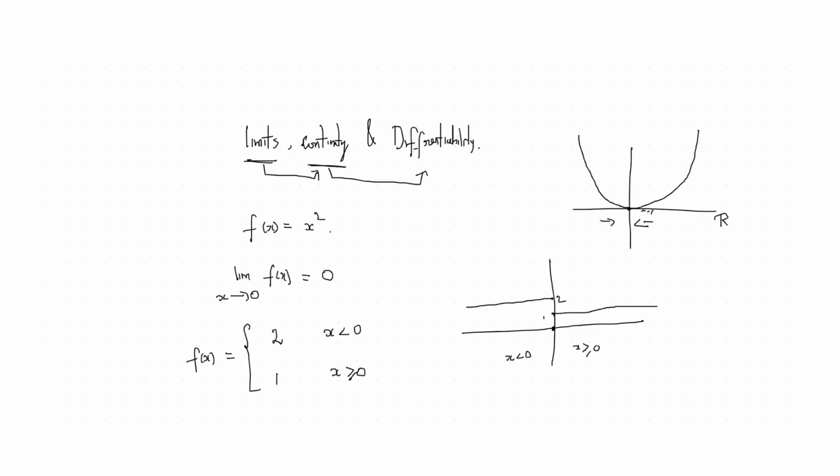So the limit as x goes to 0 of f of x. Now, if I check at x equal to 0, on the left side, that is x less than 0, all the points go to 2. If I check the right hand side, tracing the points, all the points go to 1, and at x equal to 0 the value is 1.